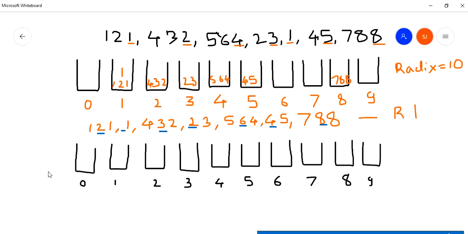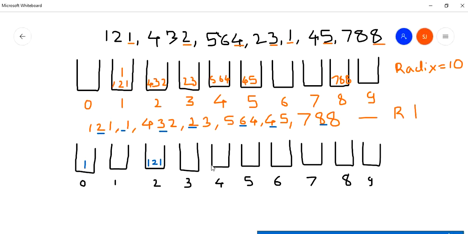Now you want to place the numbers based on their 10th digit. So 121, the 10th digit is 2, so place the number in the second bucket. Next is 1, the 10th digit is 0, because the value is 1 itself, so place the number in the 0th bucket.